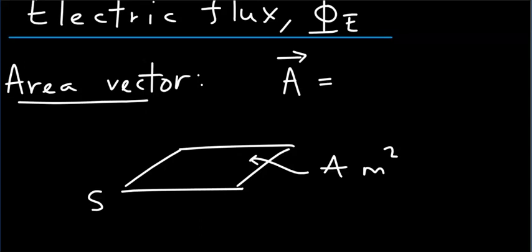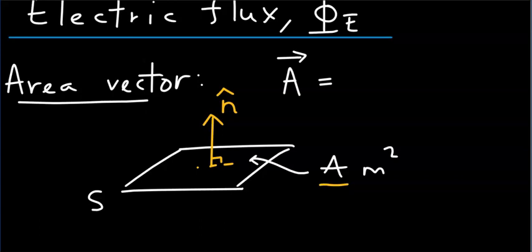The direction of the area vector for a given surface such as this one is perpendicular or normal to the plane of that surface. So in this case, the yellow arrow here denotes the direction of the so-called area vector. The magnitude of this area vector is quite simply the surface area of that surface.